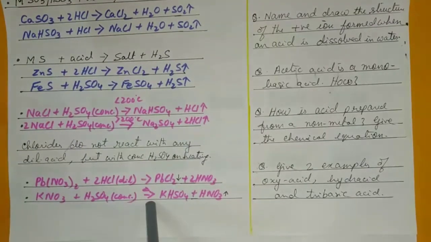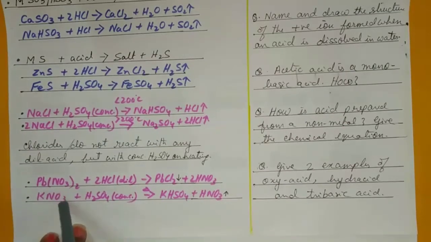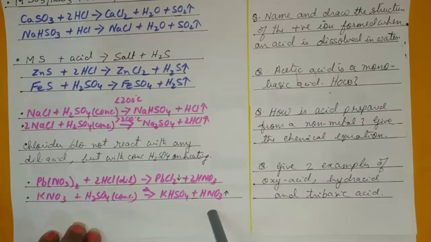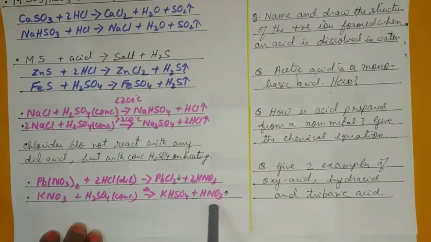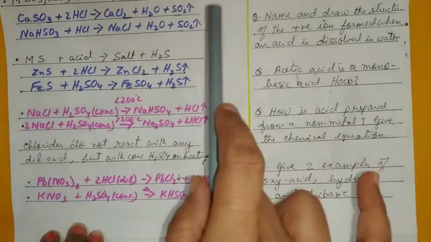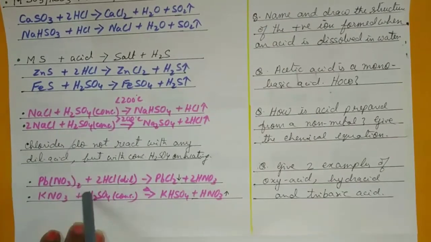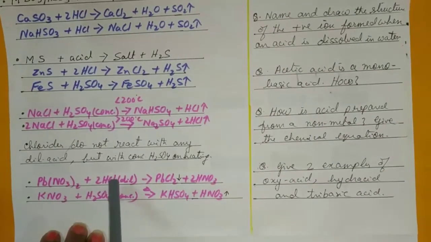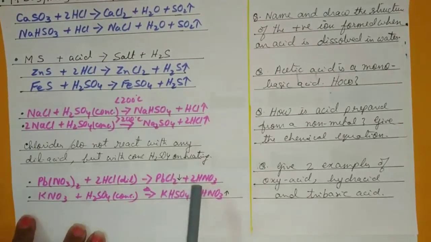Then we have also seen that the nitrates, that is potassium nitrate and sodium nitrate, react with conc. H2SO4 for the preparation of nitric acid. This again goes to the laboratory preparation of nitric acid. And we have seen that the metallic nitrates do not react with any acid, but silver nitrate, lead nitrate and mercury nitrate will react with dilute HCl to give you the precipitate of their chlorides and nitric acid.